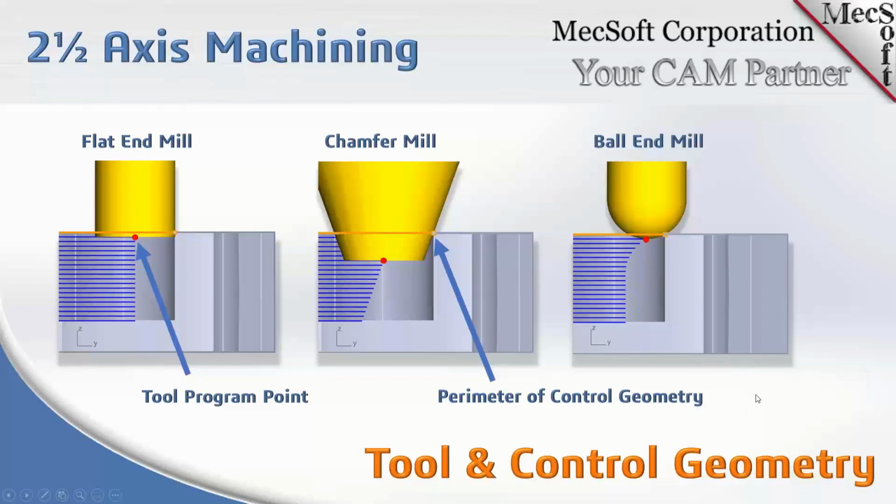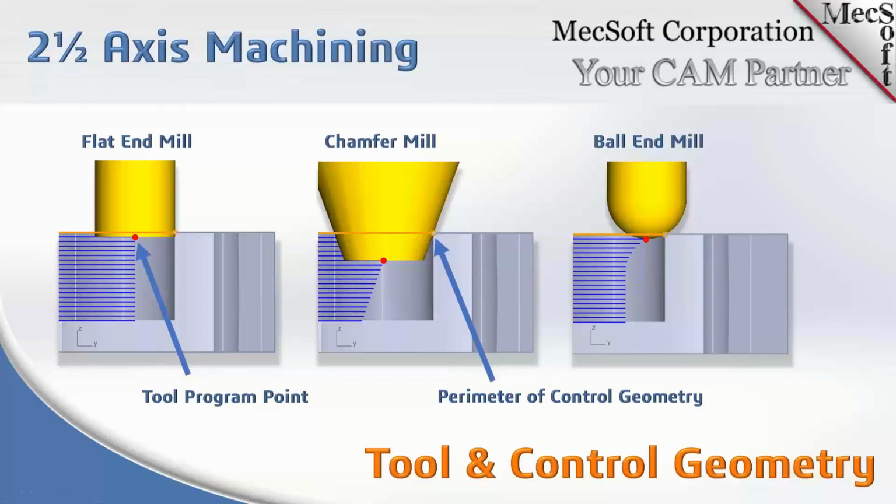It's important that you understand how a ball mill is going to act in 2 axis. The tip of the tool will stop on the perimeter of your control geometry. As you can see, we stop the tool at the very first cut level, and you'll see that the arc radius of the tool touches the control geometry.